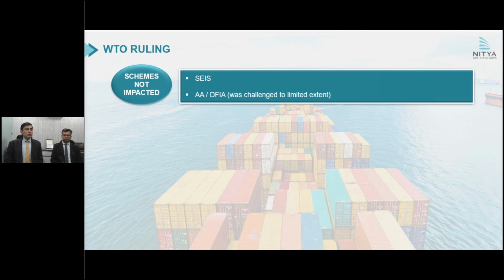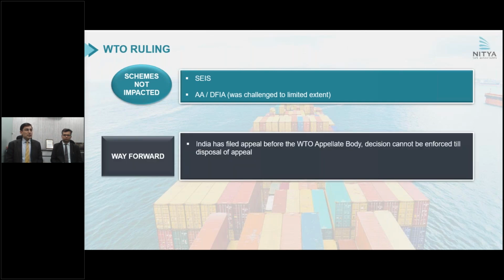So what next? India has filed an appeal before the WTO appellate body. A very important favorable part for India is that if the country has filed an appeal before the appellate body, the decision cannot be implemented. So unless the matter is disposed of by the WTO appellate body, India can continue to have these incentives, irrespective of them being WTO non-compliant.